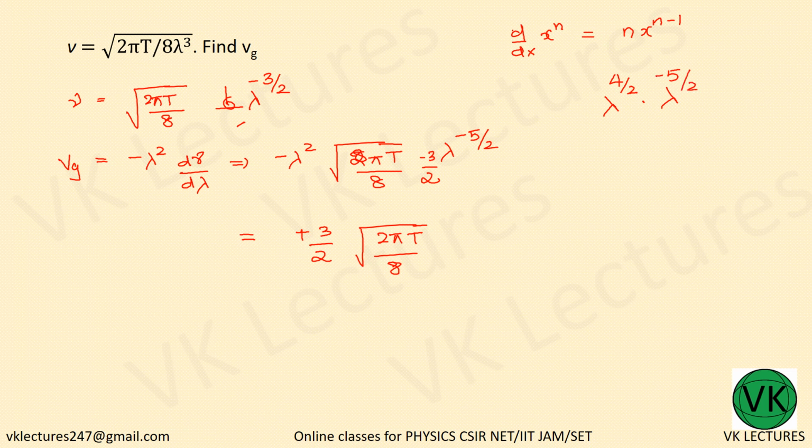Now 4 by 2, 4 minus 5, that is minus 1, so that is lambda power minus 1 by 2. So Vg is proportional to lambda power minus 1 by 2.